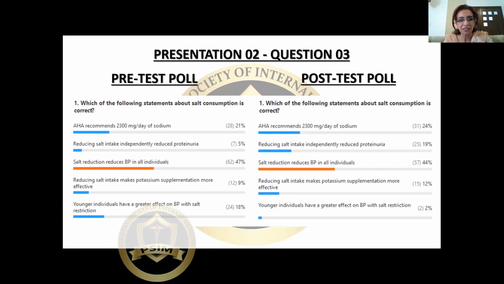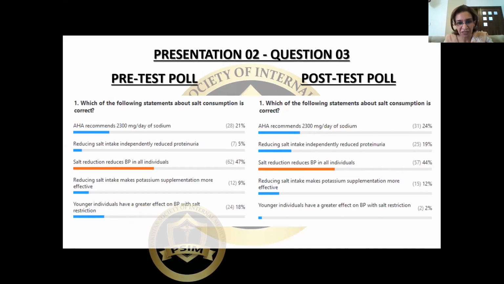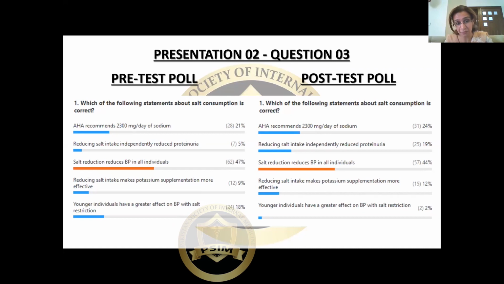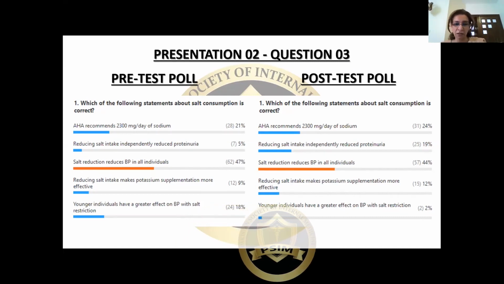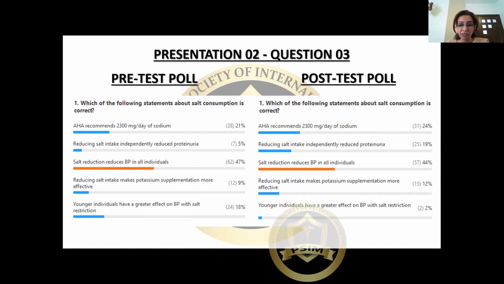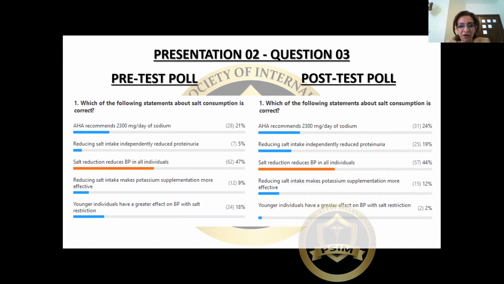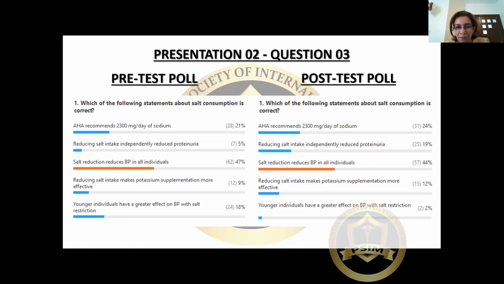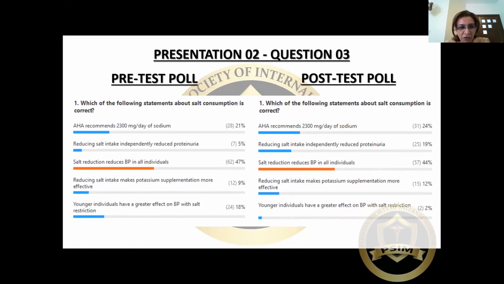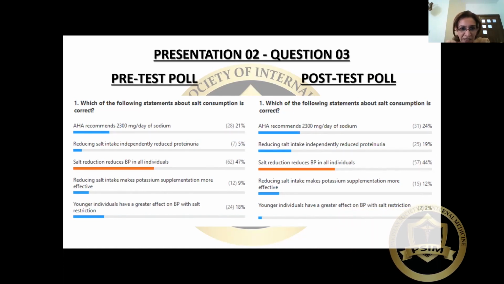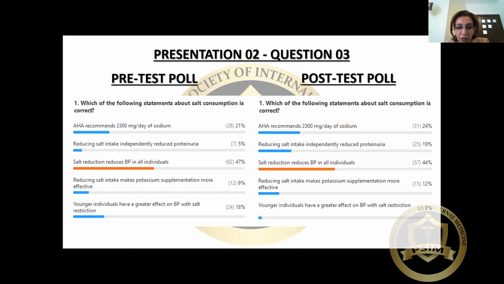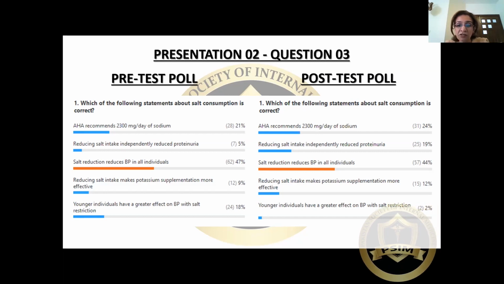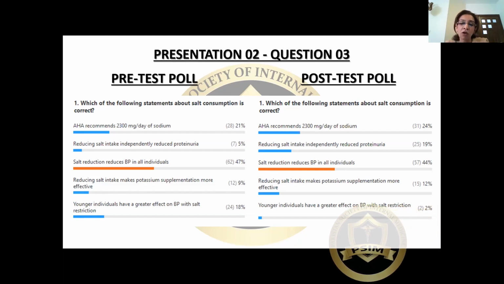So which of the following statements about salt consumption is correct? Once again, I think maybe the MCQs were a bit difficult, but again, we learn more by perhaps making mistakes. So the AHA recommends 2300. So this is generally correct, but I would like to discuss the rest. Reducing salt intake independently reduces proteinuria. Yes. Salt reduction does not reduce blood pressure in all individuals.